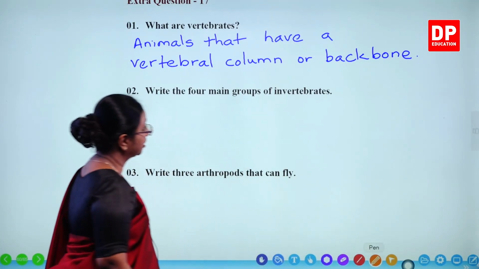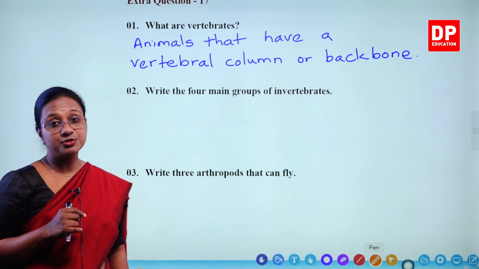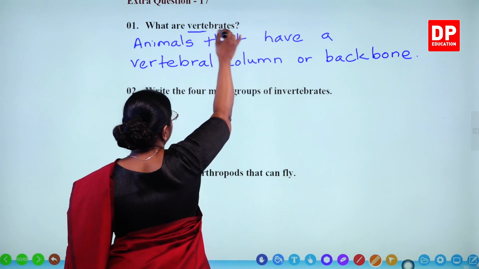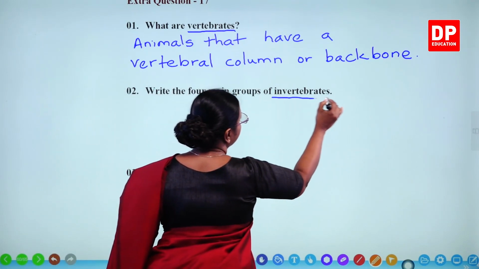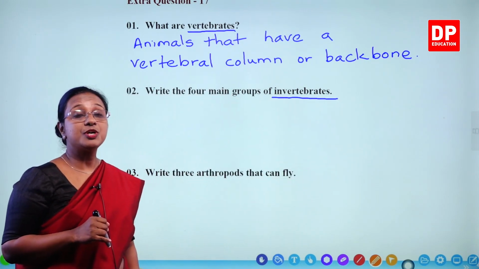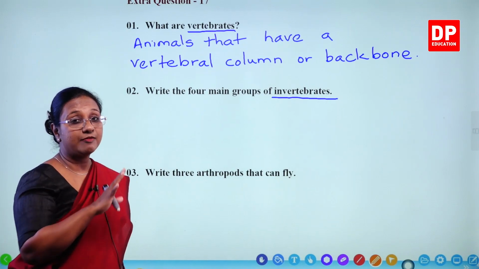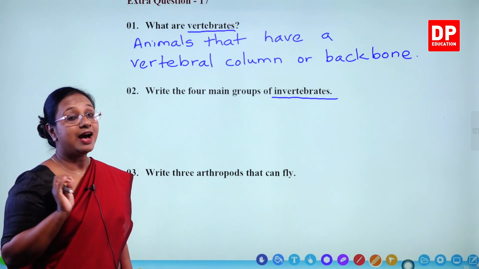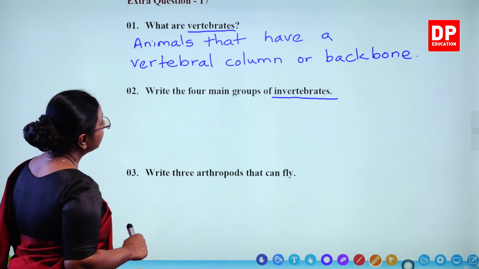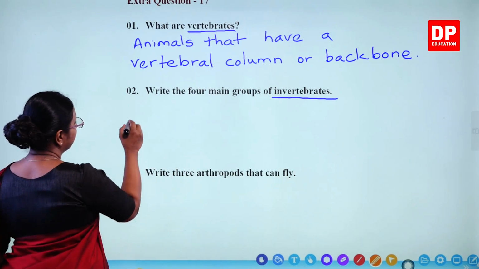Write the 4 main groups of invertebrates. That's the next question. Now here you have to be careful, students. Here they have asked about vertebrates earlier. Here they have asked you to write the groups of invertebrates. So you have to be careful when reading and answering the questions. So write the 4 main groups of invertebrates.